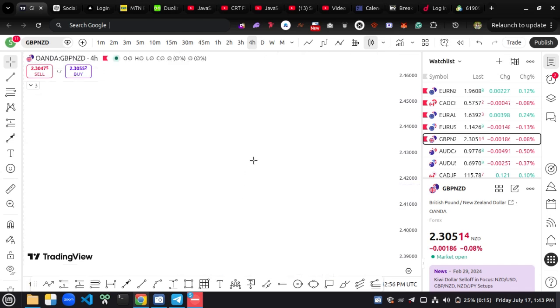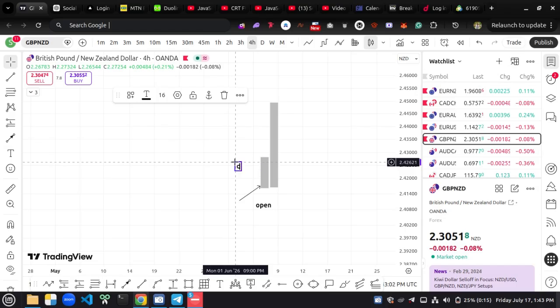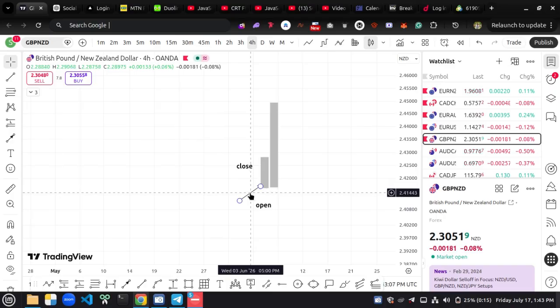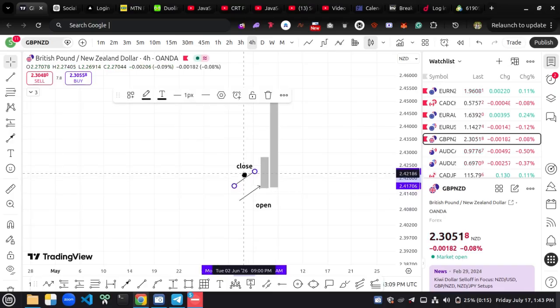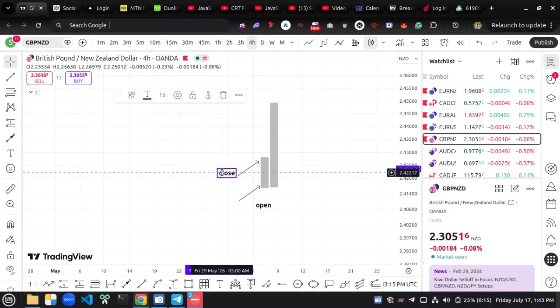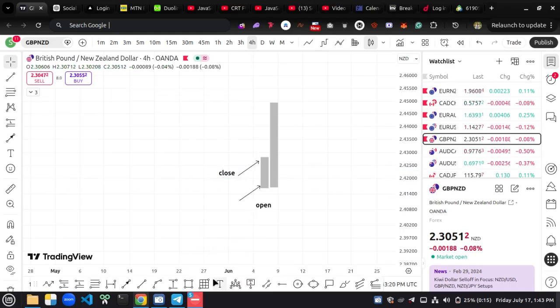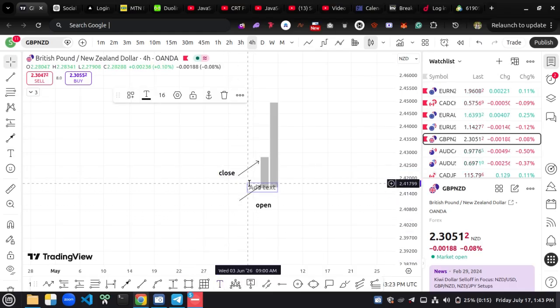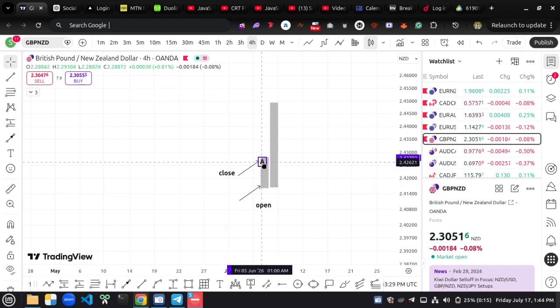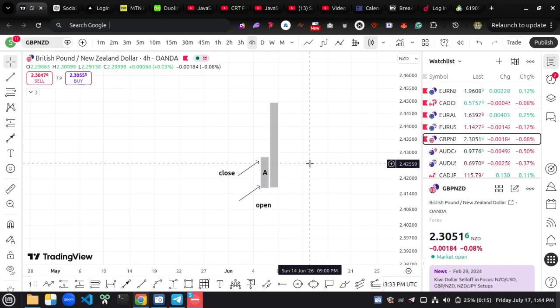Obviously this is the open, then this will be the close. And if price opens here and closes here, and this is candle A, so what is candle A? Is candle A a bullish candlestick or a bearish candlestick? Let me know your answer in the comment section.